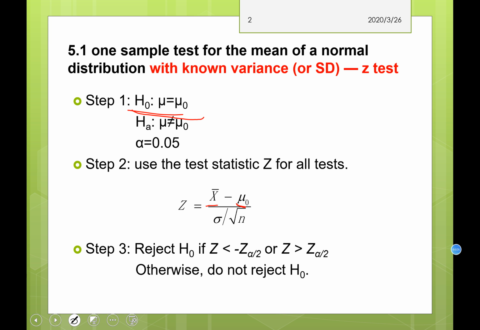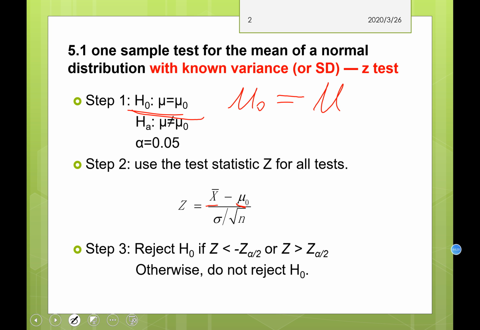So here we use mu 0 as the given population. We use mu to represent the underlying population of X bar. So here H0 means there is no difference between the two populations. So that means mu equals mu 0.